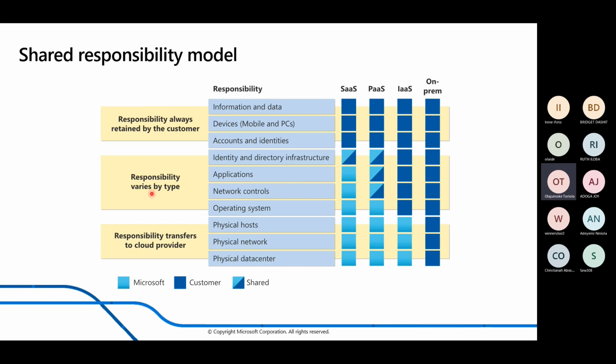When it comes to identity, you can see that it is a combination of the Microsoft, the customer, and the shared. That's why you have it around this. But when it comes to the physical host, network, and physical data center, you can see that it is the cloud provider, which is Microsoft in this case, that is actually managing it.